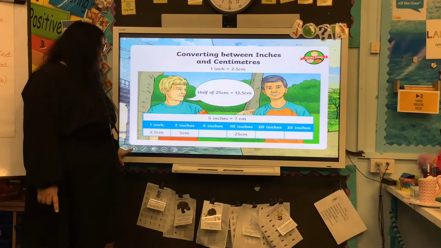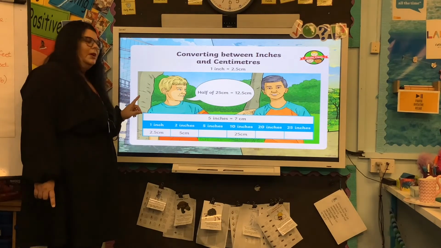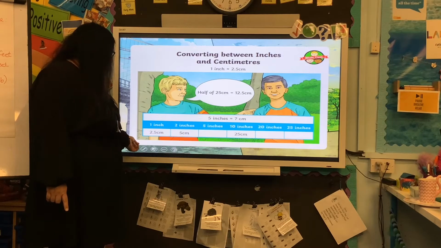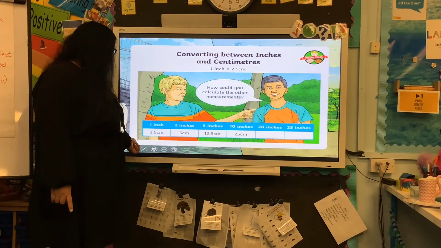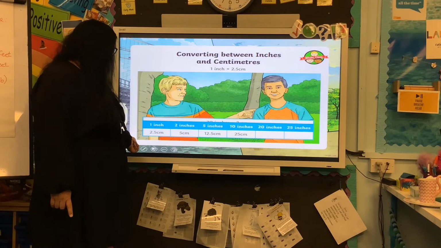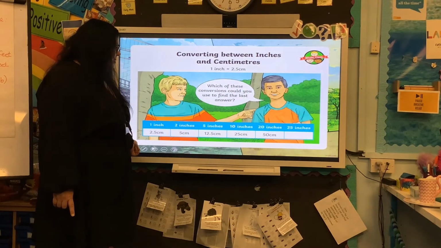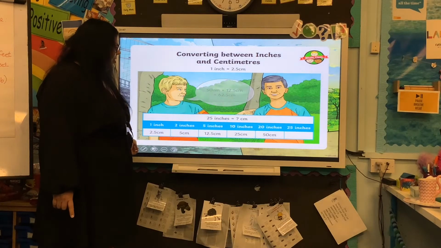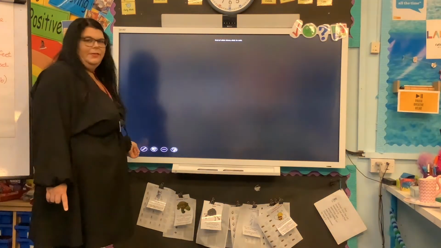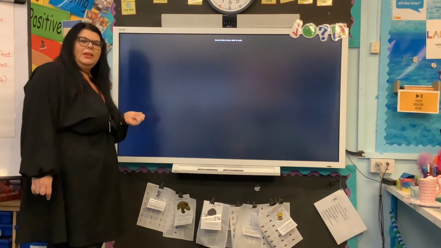You need to remember that there are 2.5 centimetres in an inch, and then you can work out the other calculations. Mrs. Oliver wasn't reading the board properly, that's okay. So 25 inches for the last one would be 62.5 centimetres.